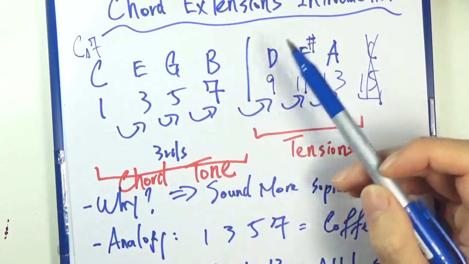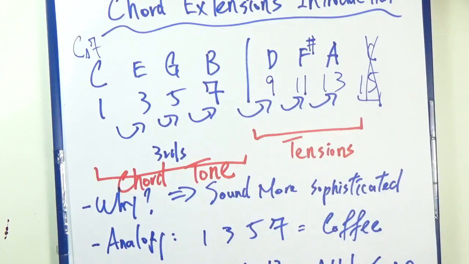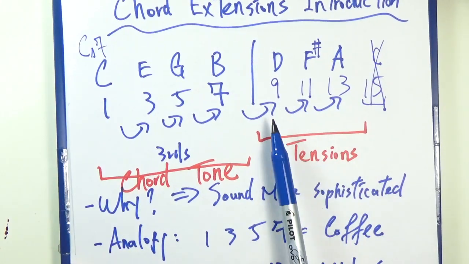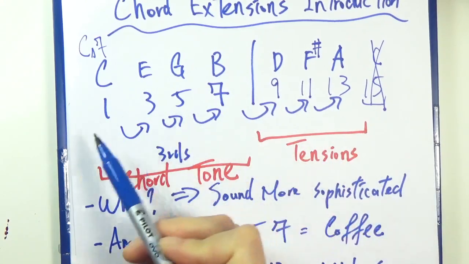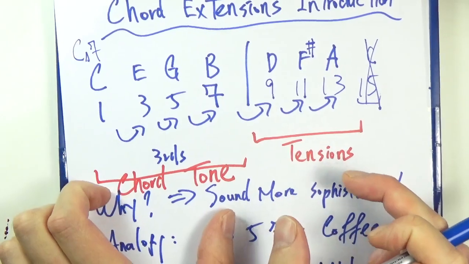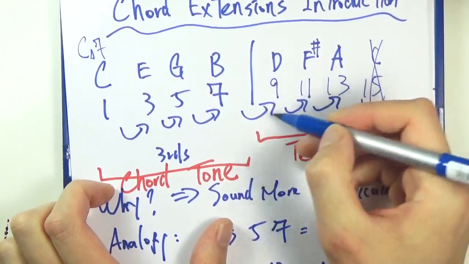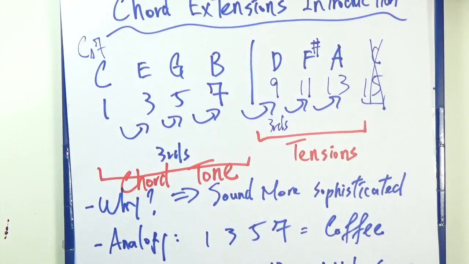So for now, you don't really have to care about this sharp here. Okay. So you just have to understand the general idea that right now we are adding more chord tones. I should say tensions to the chord tones. So we call these 3 guys tensions, okay? And these are our chord tones, okay? And these are still just notes a third apart.